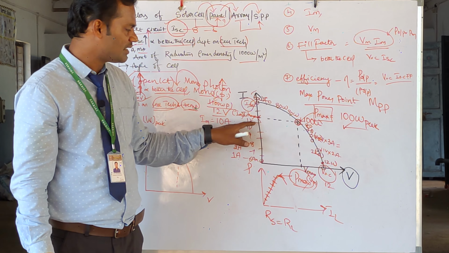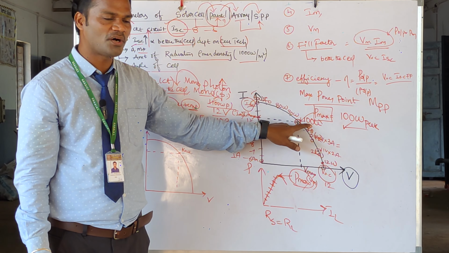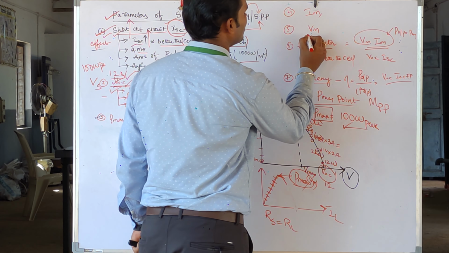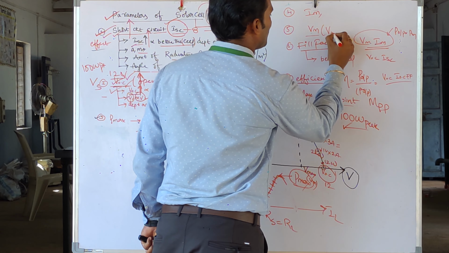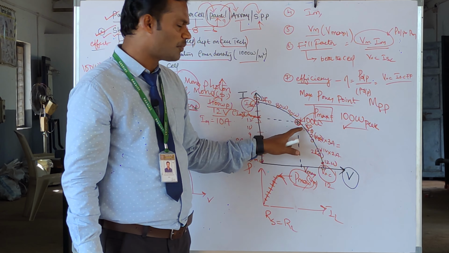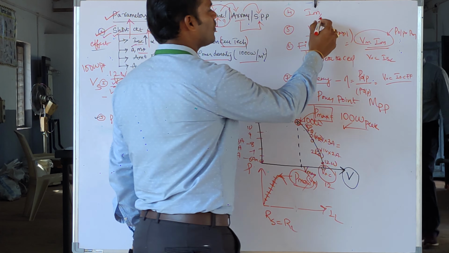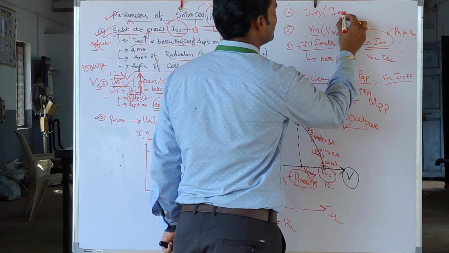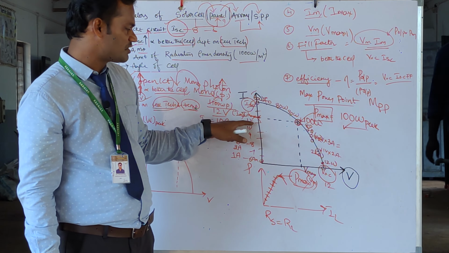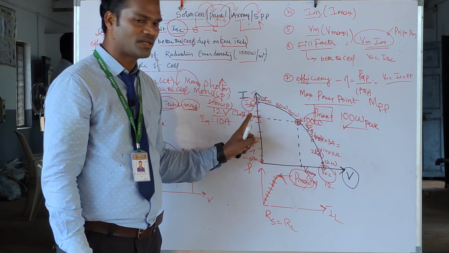Maximum power point. IM is nothing but the maximum current at which point? Maximum power point. That's how we are going to get these two parameters, where VM is the maximum voltage generated by the solar panel at the maximum power point, and IM is the maximum current generated by the solar panel under which condition? IM corresponds to which axis? Y axis. That's how we are getting VM as well as IM.